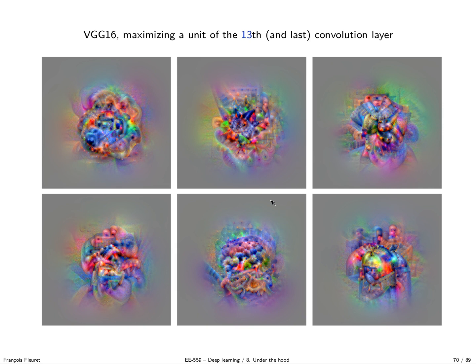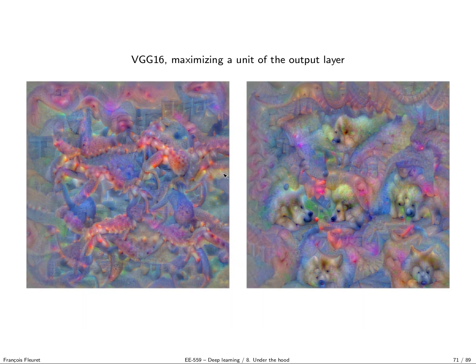Again, quite nice. It really gives a sense of complexity and structure and organic complexity, and it's very, very convincing. And if we go to the last layer, so the output layer, and we pick a unit, this is the sort of things we get. So it's a bit in the form of a quiz. We have to guess what is this and what is that. So this is the unit king crab, and we see that there are structures a lot like crab legs or crab bodies.